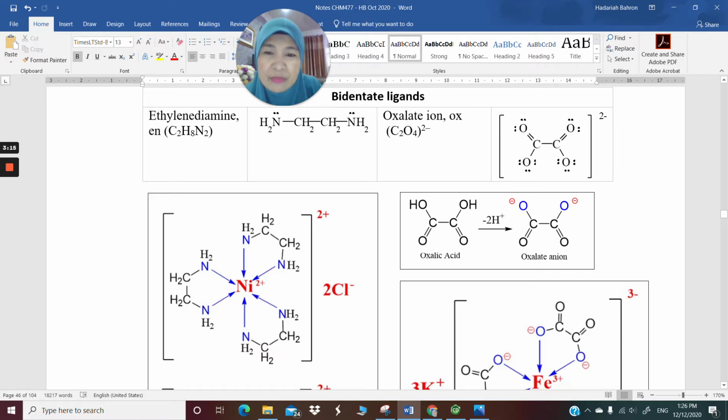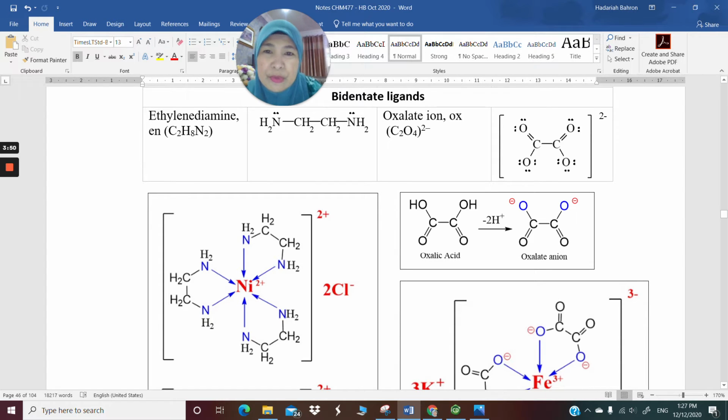I am careful to draw the nitrogen, which is my donor atom, with the arrow into the nickel, signifying that the nitrogen donates the lone pair of electrons to the metal center so they share a dative covalent bond. And that is the third ethylene diamine. So here you have a nickel bonded with three ligands of ethylene diamine.